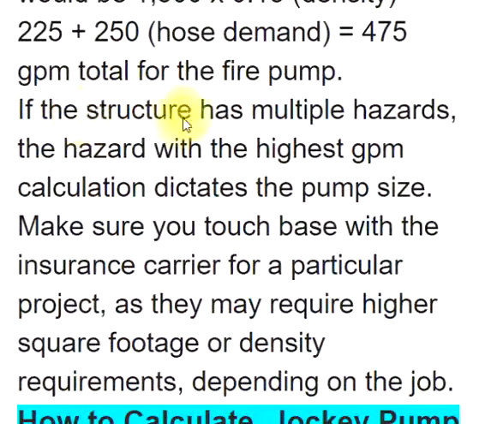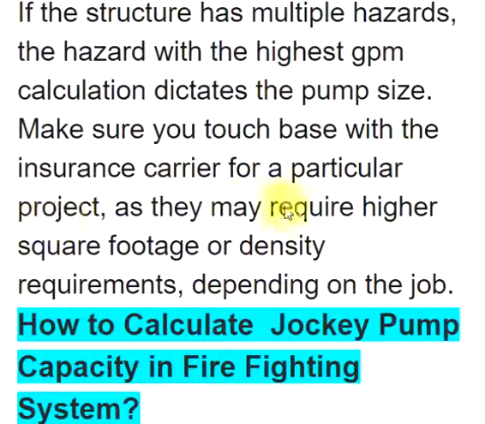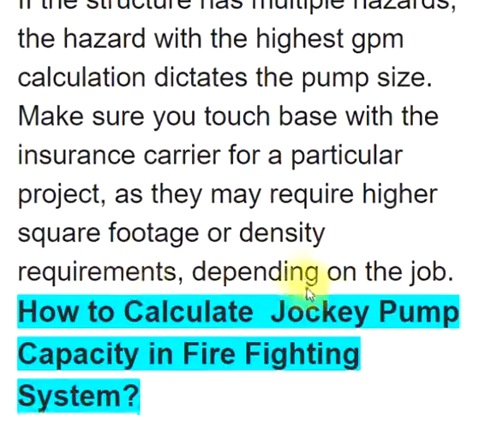If the structure has multiple hazards, the hazard with the highest GPM calculation dictates the pump size. Make sure you touch base with the insurance carrier for a particular project, as they may require higher square footage or density requirements, depending on the job.